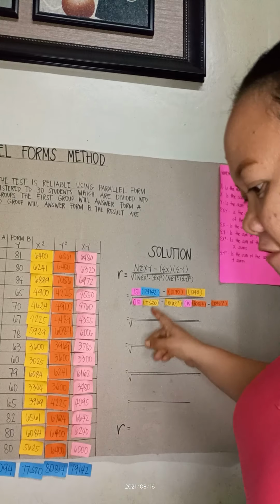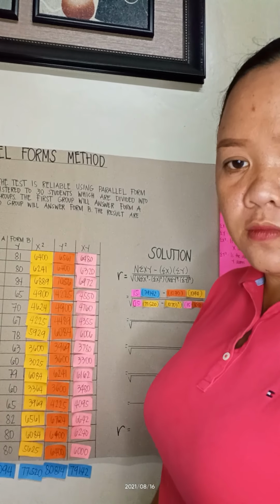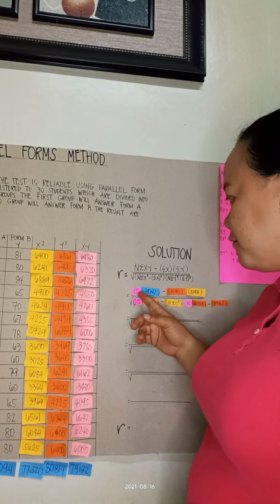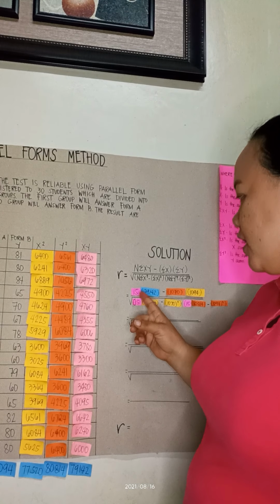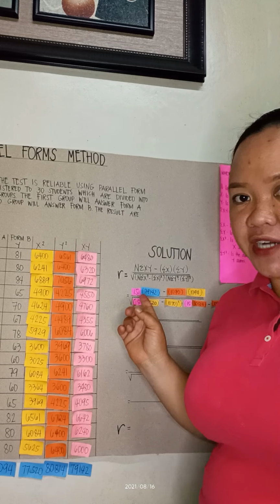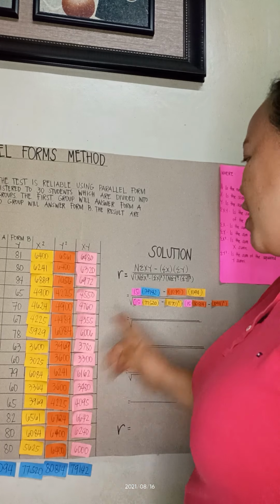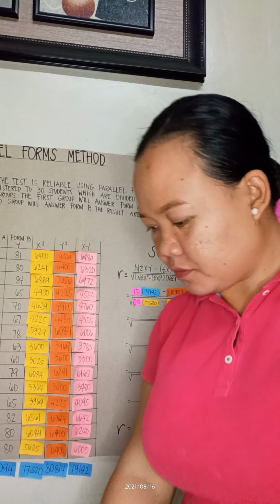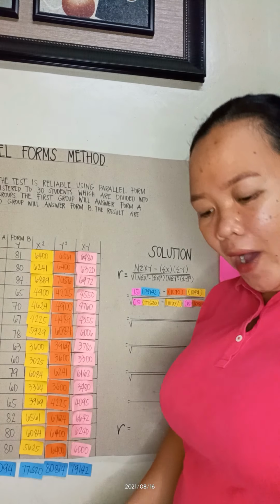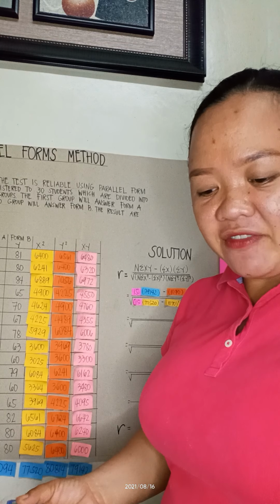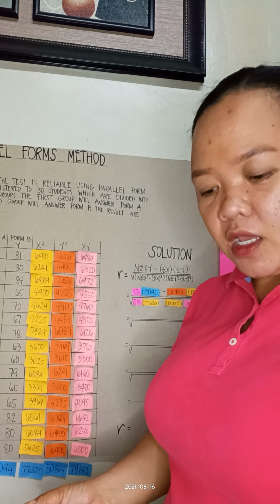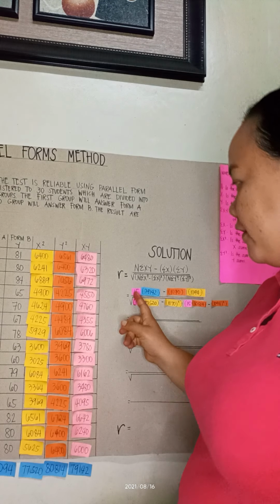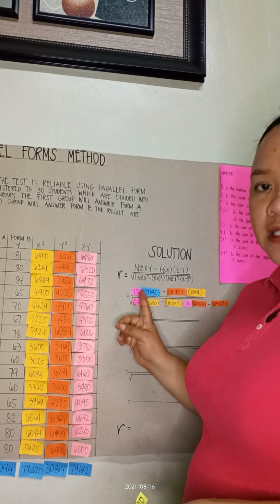Next, we have to multiply 15 by 79,142. So 15 times 79,142 is 1,187,130.